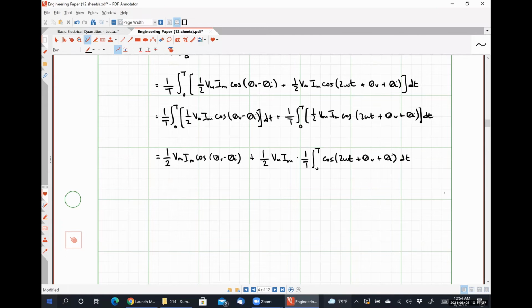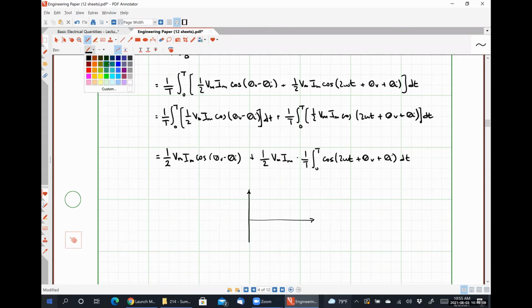So I want to look at what that integration gives us. For the sake of argument here, I'm going to say that theta v and theta I are 0 degrees. It doesn't actually matter at all what those particular phase angles are. That sum of theta v plus theta I is just going to tell us how much we shift our cosine function to the left or to the right.